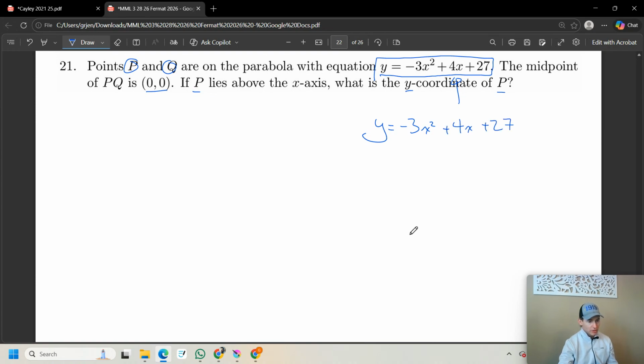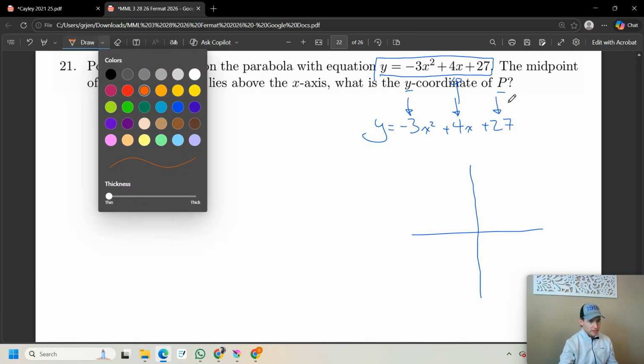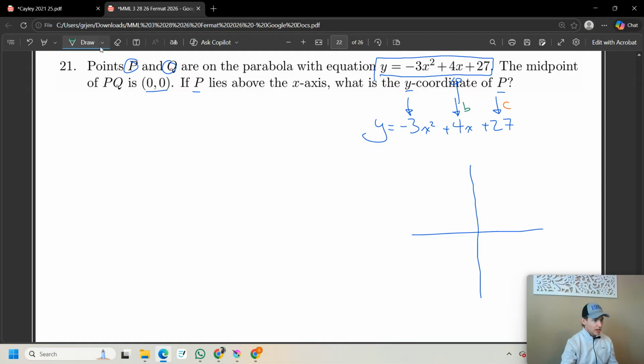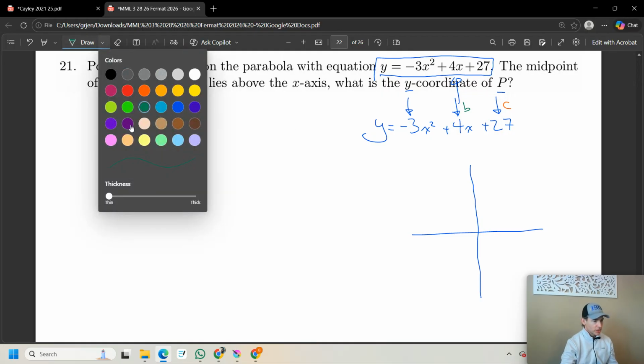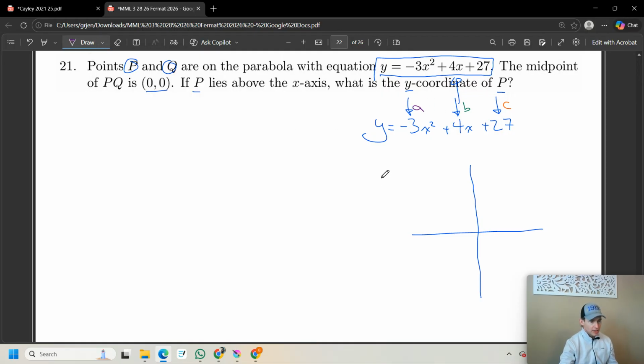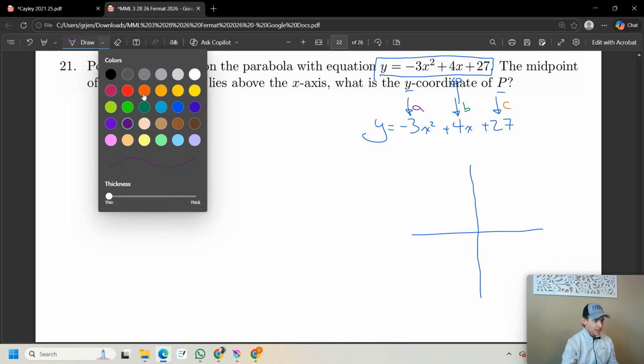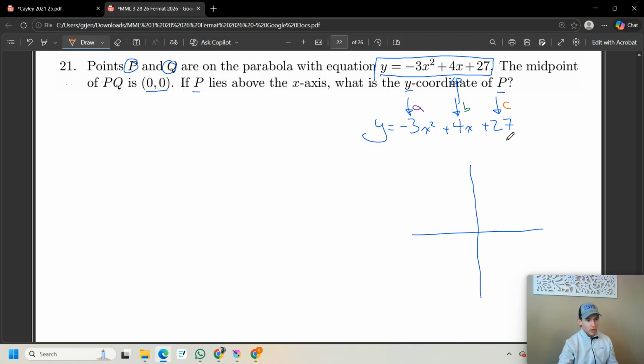First, the coefficients, the numbers that multiply the x squared term, the x term, and the constant. We call this one C, this one B, and this one A. C, in these cases, always tells us the y-intercept.